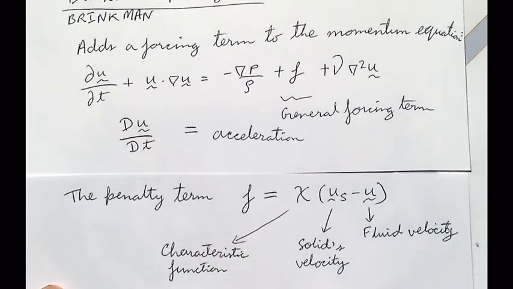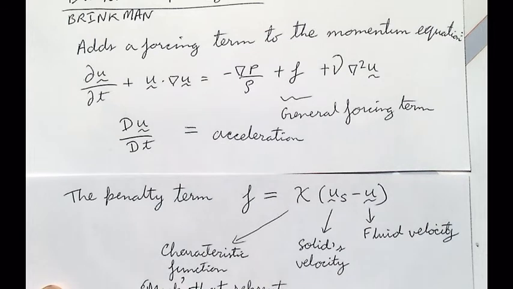And this characteristic function is basically a mask. It's a mask that represents the solid object on the fluid grid.